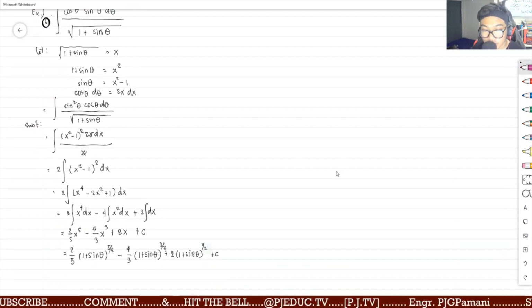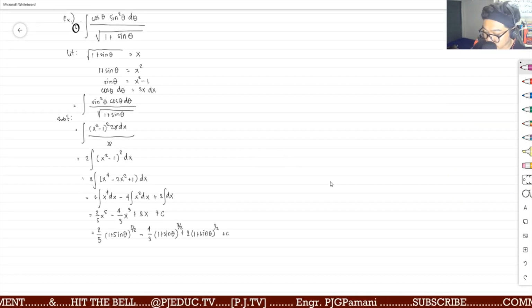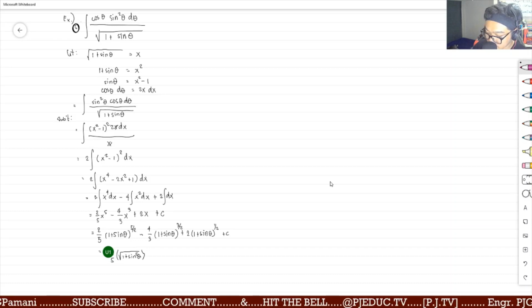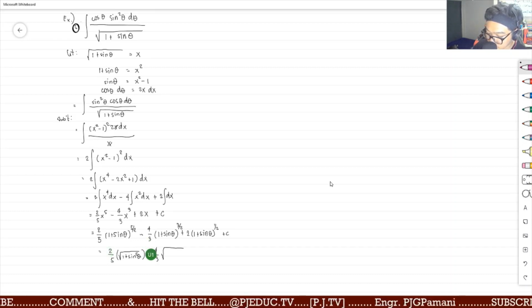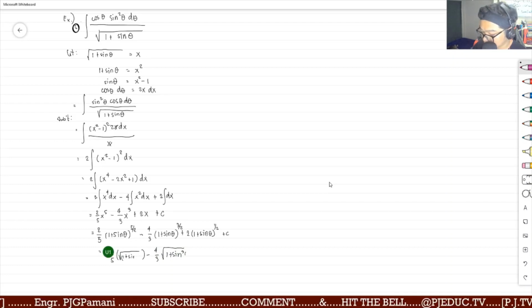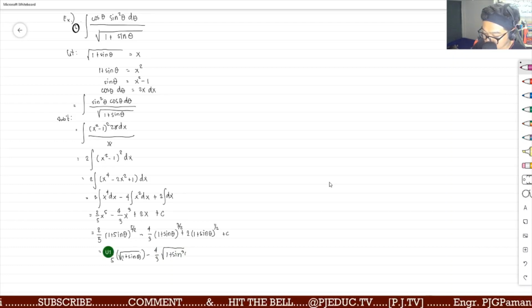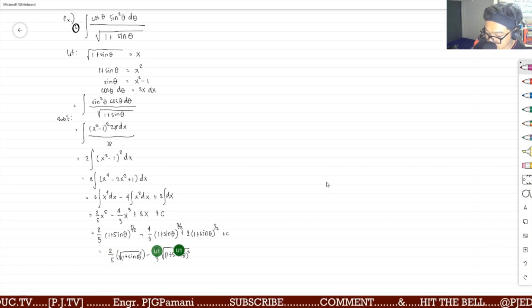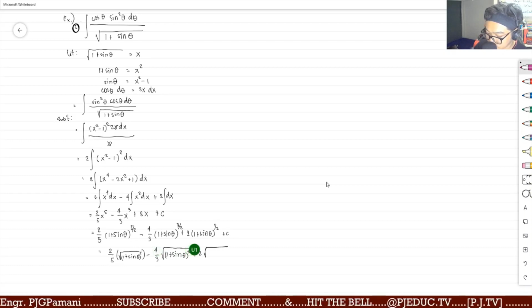Pero kung makulit ka, gusto mong ang tawag na dito, rational form, that is now 2/5 of the square root of 1 plus sine theta raised to the 5th, minus 4/3 of the square root of 1 plus sine theta raised to the 3rd, plus 2 square root of 1 plus sine theta, plus c.